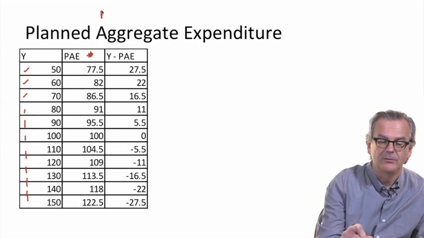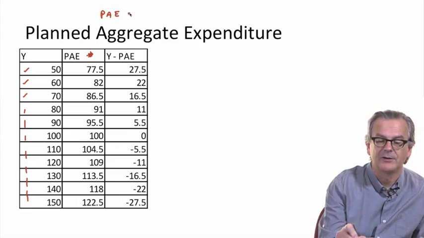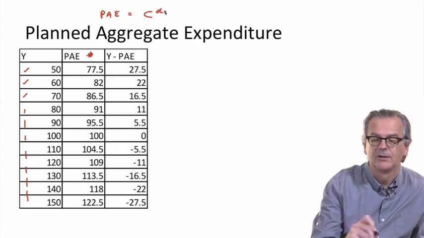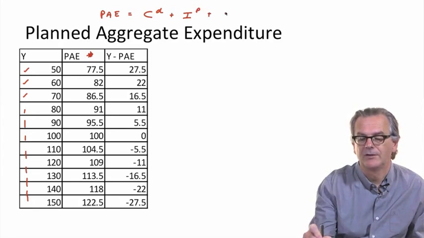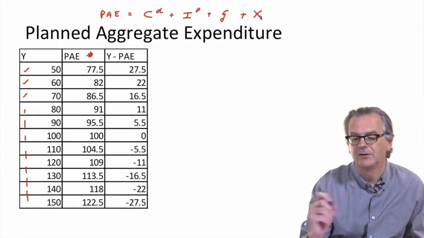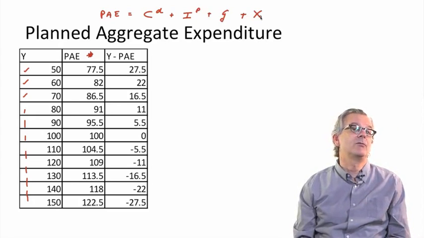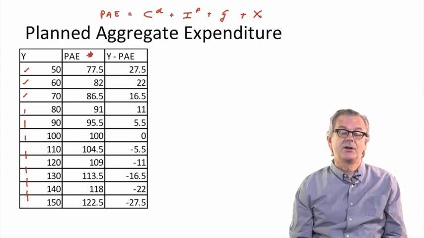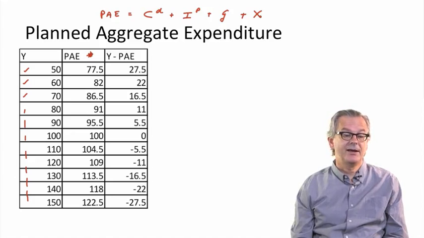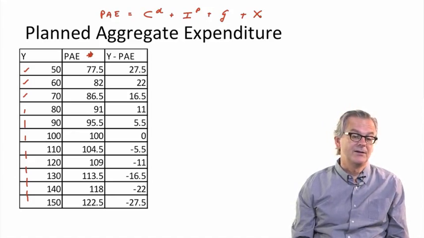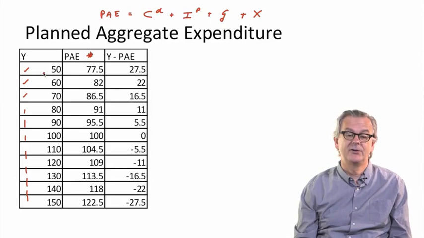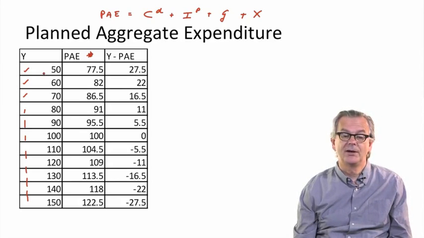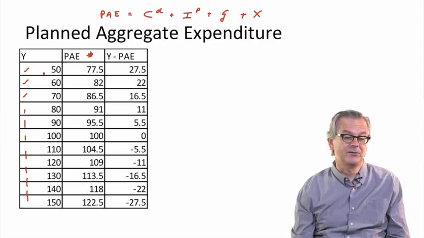I'll remind you, the planned aggregate expenditure in total is consumption plus planned investment plus government expenditure plus exports. So simply take that information from the previous table, combine it to get an expression for planned aggregate expenditure, and then substitute in the various different income flows and make sure that you are able to see what the corresponding planned aggregate expenditure is.